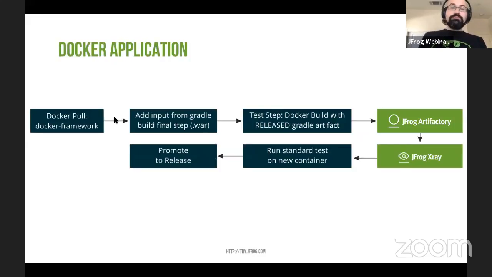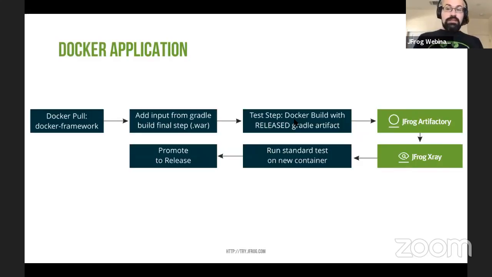The third one is the Docker application itself. This is where we're going to take our base from the first step and then add the input from our Java application, our WAR file that we built, and then we're going to test it.